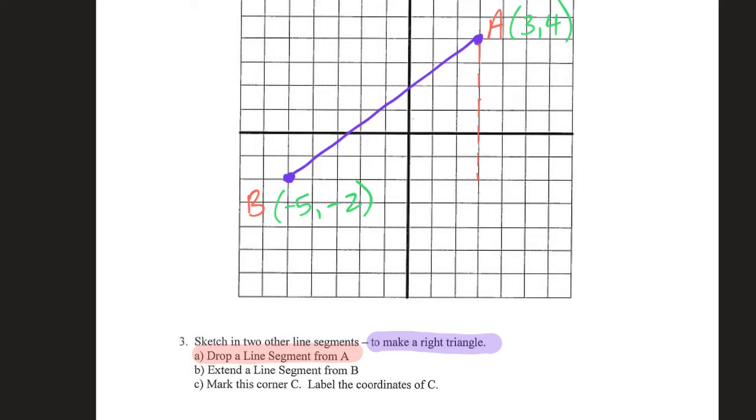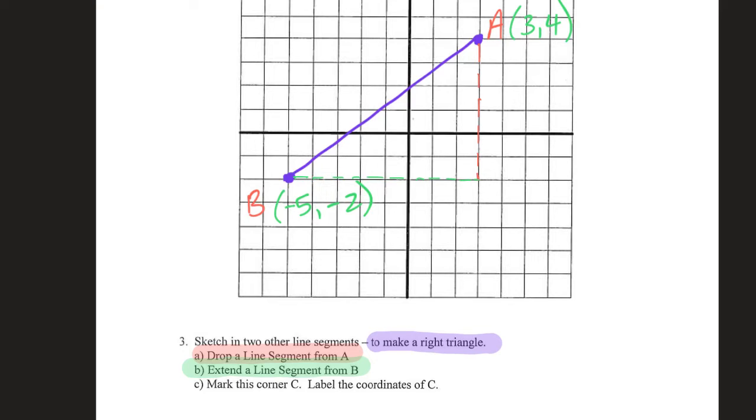Okay. The next instruction tells me to extend a line segment from B. So now what I need to do is extend a line segment across from B, again, with the whole intention of making a right triangle.